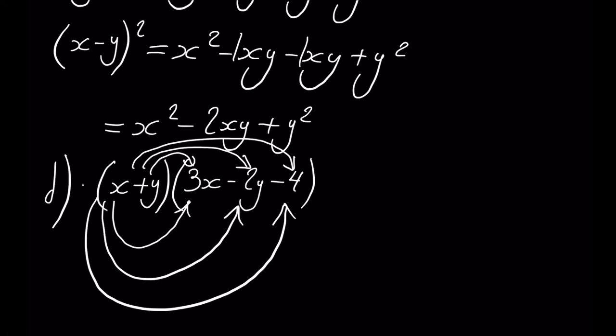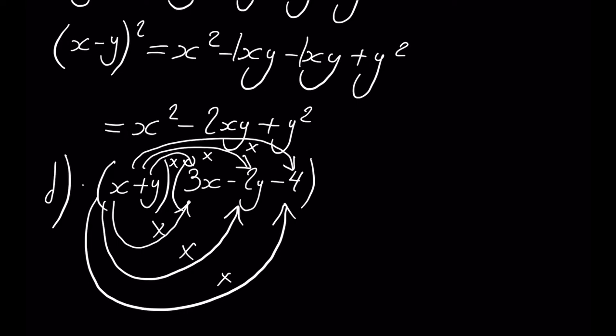Again, just as a reminder, these arrows are by no means necessary. This is just there to help you show what's going on. I would not recommend drawing these arrows in any kind of exam situation, because they're time consuming, and with practice this will not be necessary, but this is just to show you what's going on.